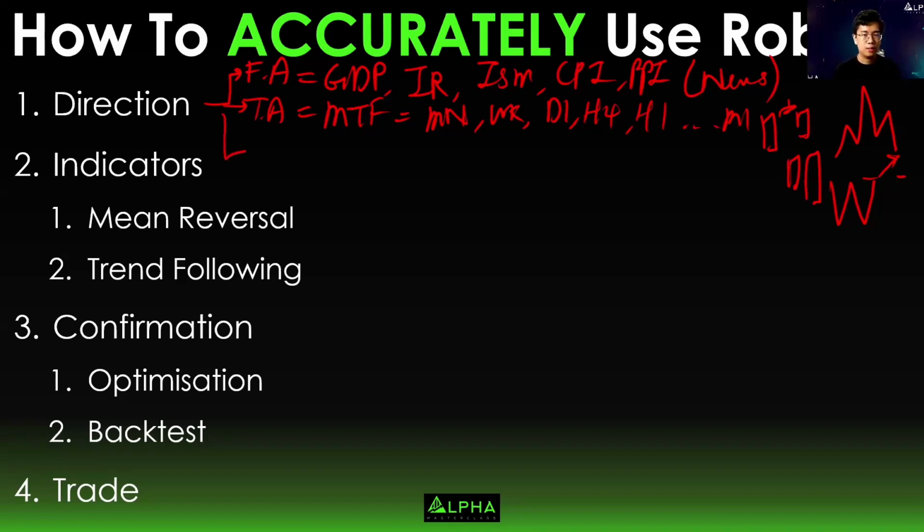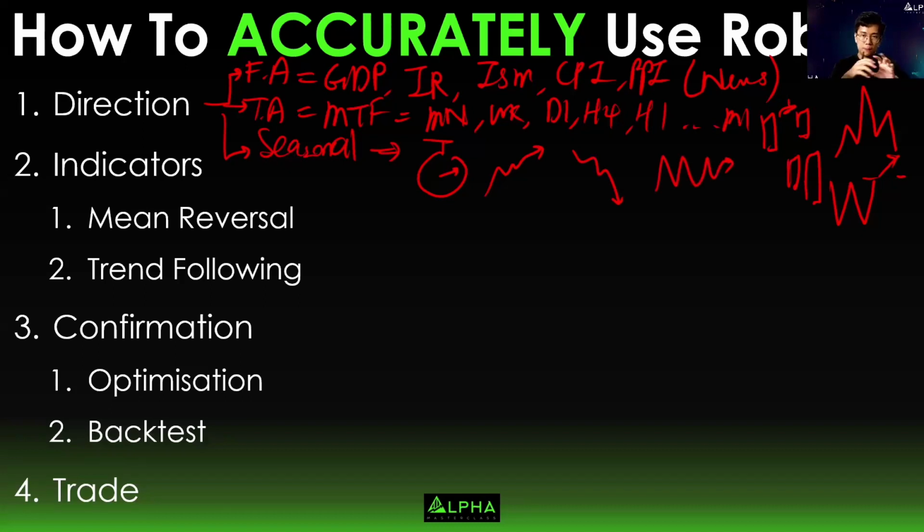Hence, over here we take a different approach. We use a method we call seasonal analysis. We ignore everything, but we only focus on one thing. What is the time right now? Based on the time, we will forecast. Right now, is it good to buy, good to sell, or is the market just ranging?